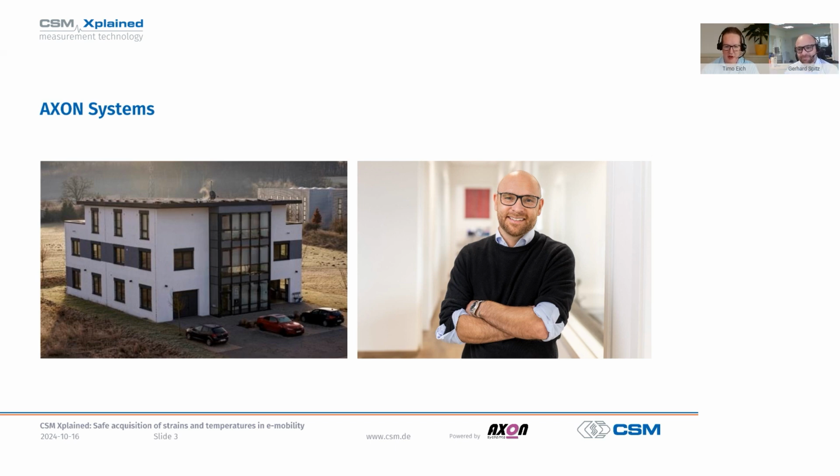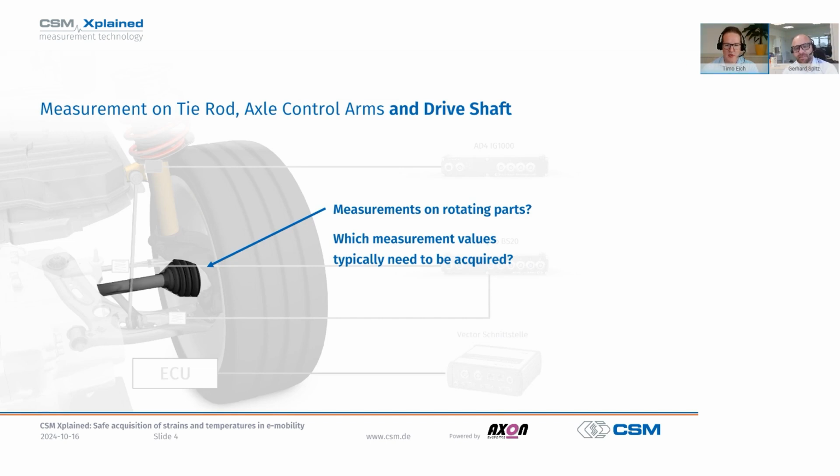Okay, really cool. So from your point of view, which measured variables must be recorded in rotation and why? So there are, of course, many physical values which are interesting to measure on rotating parts. But if we have a closer look, many of those applications are to be measured in strain, like, for example, force or torque, especially.